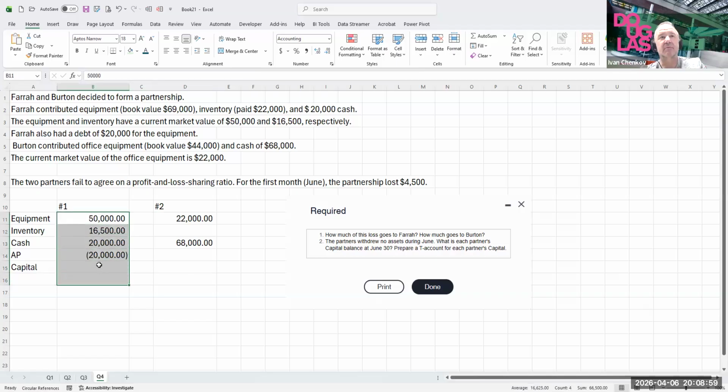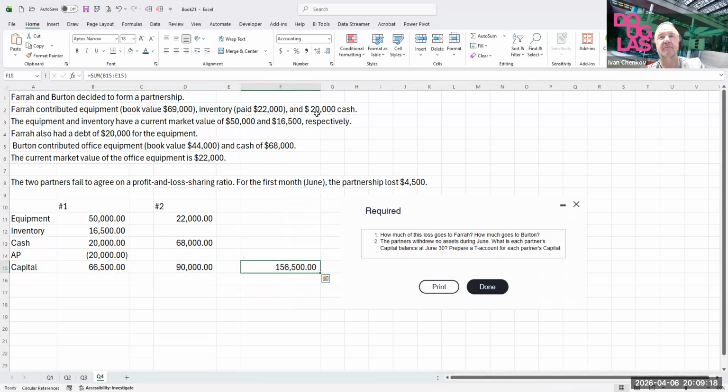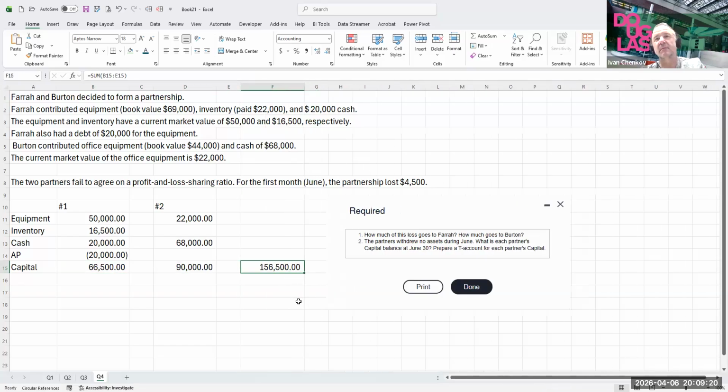First partner capital is that much, and the second partner capital is that much. In total, the capital they have is, sorry, should be that much. Total capital, $156,500.